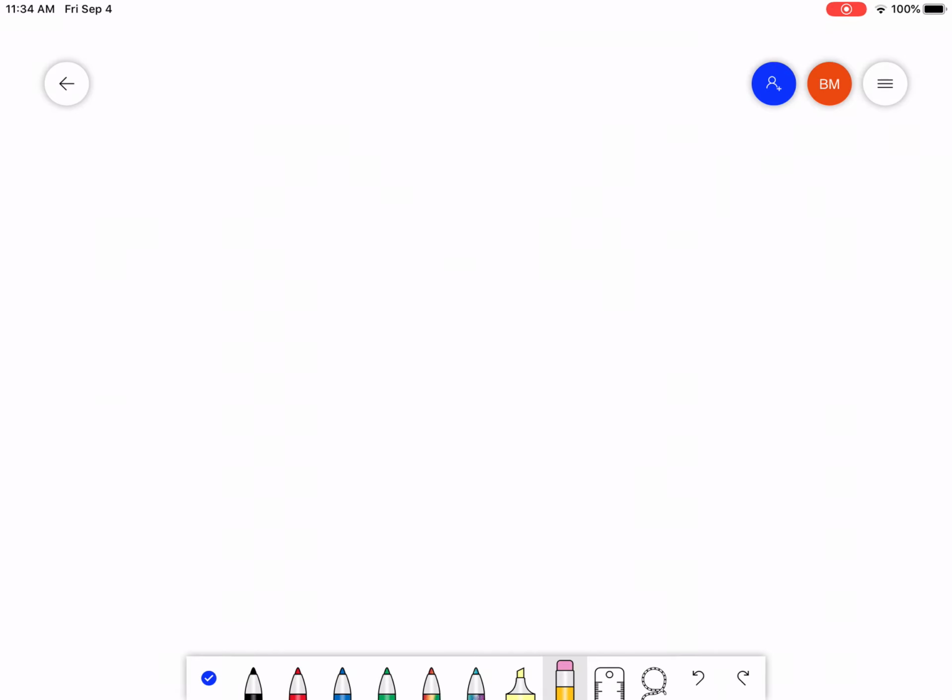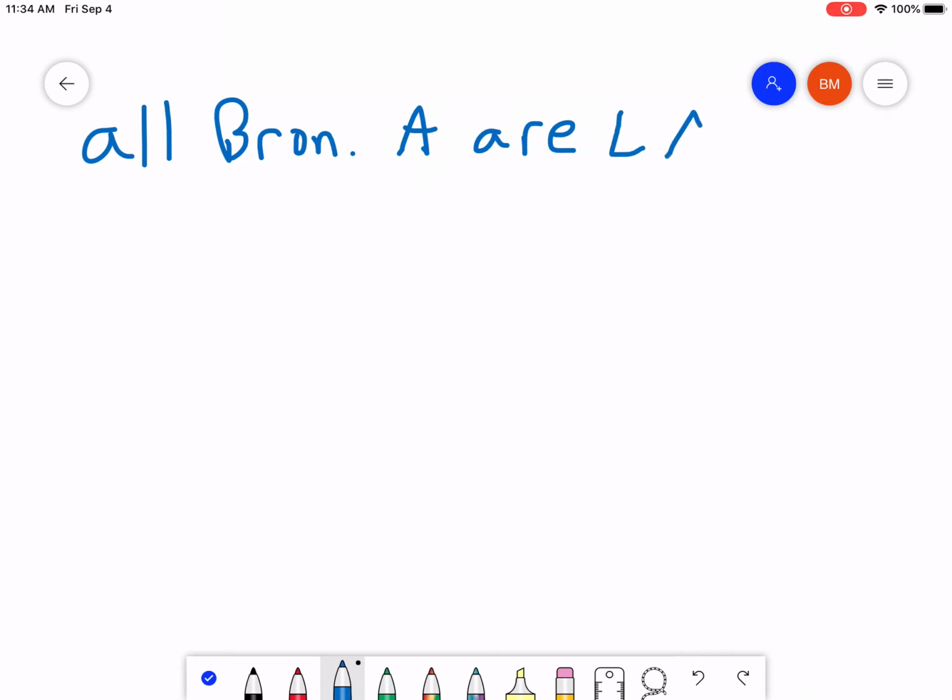Lewis acids are going to be a little bit different. Here's something that you can remember. All Bronsted acids are Lewis acids. If anything qualifies as a Bronsted acid, it's a Lewis acid. And that makes sense, right? Because what do all Bronsted acids give up? According to the definition, they're proton donors.